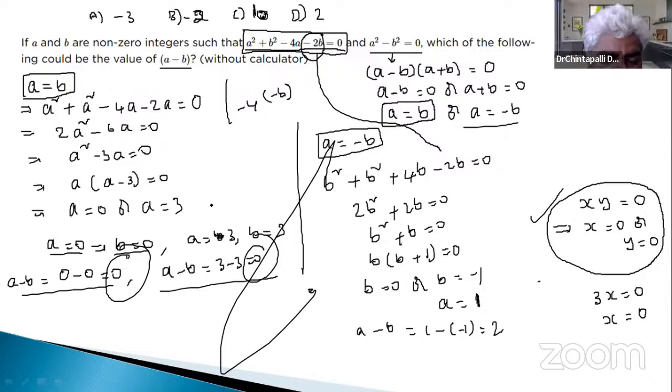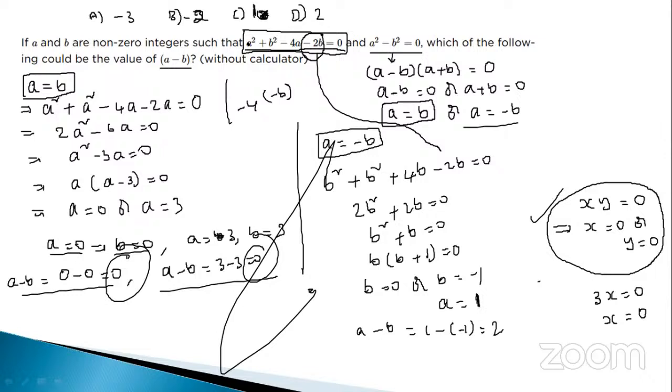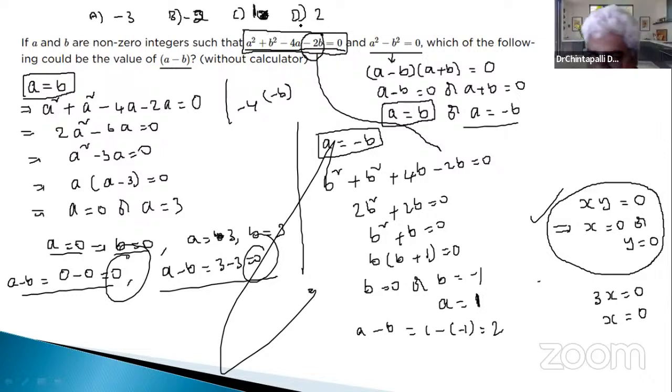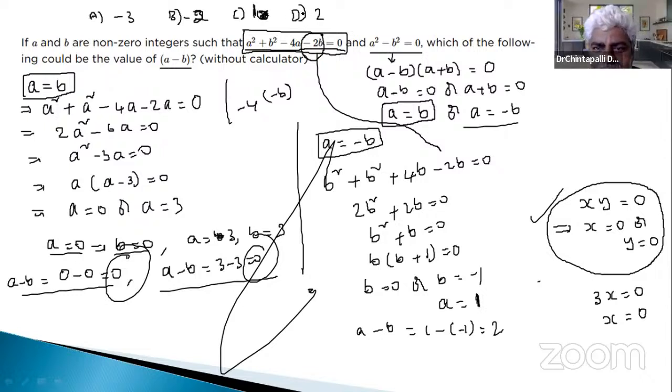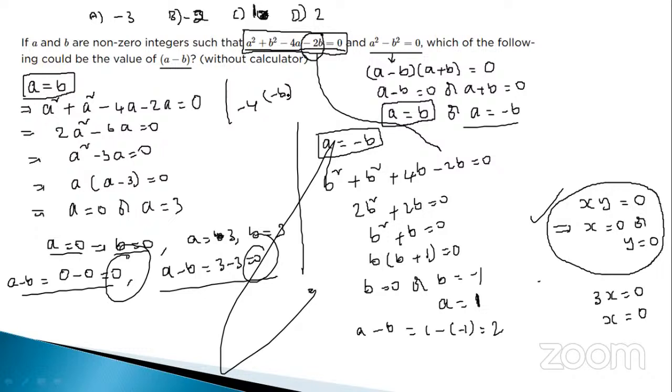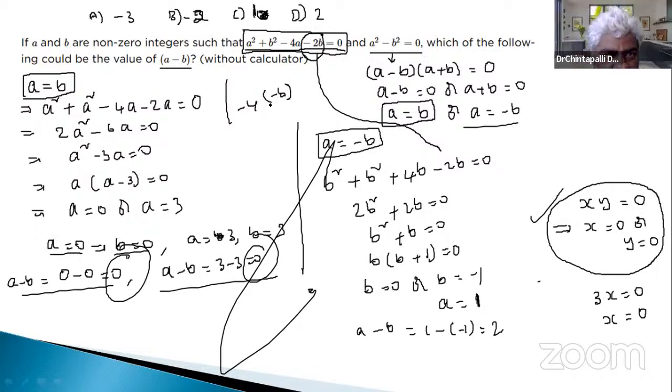Negative 3, negative 2, 1, 2, right? By mistake, I wrote 0. If 0 and 2 both were there, it would be confusing, but they gave it correctly. 0 is not there, 2 is there.